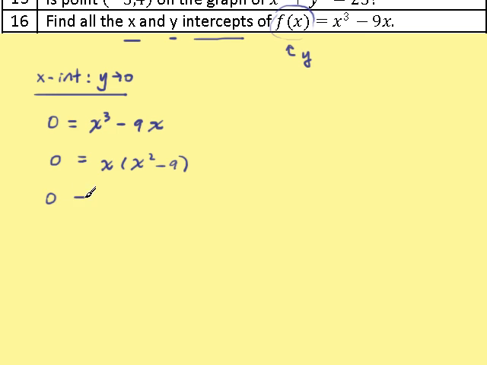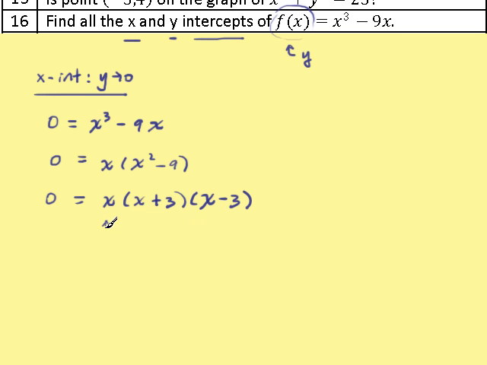We can factor x squared minus 9 into x plus 3 times x minus 3. Okay, so now we've factored. We have 0 on one side, and this factored expression will be equal to 0 when any of the individual factors are equal to 0.